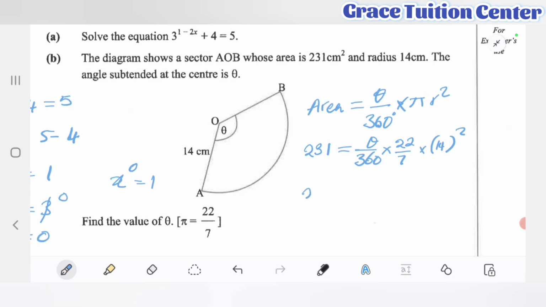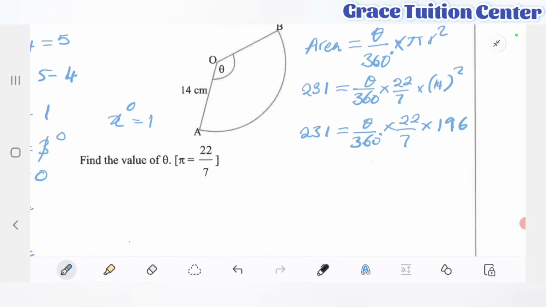So 231 equals theta over 360, of course that is degrees, by 22 over 7 multiplied by 14 squared, which means 14 times 14. You won't be allowed to use a calculator, so if you work it out, 14 times 14 gives us 196.